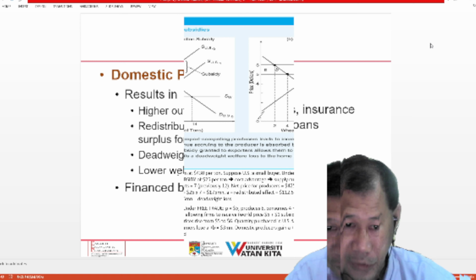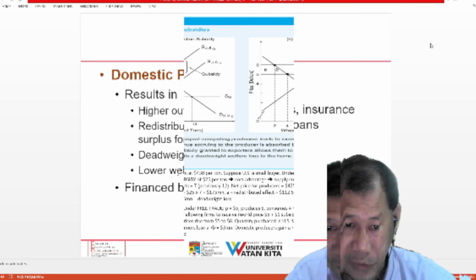If you have a quota, actually, you can find a tariff that will bring the same impact to quota. Same impact in terms of total imports. If quota says that imports is only 3, you can find a tariff level that will make import the same, 3. So by theory, tariff is equivalent to quota.